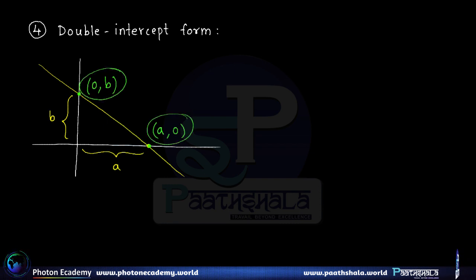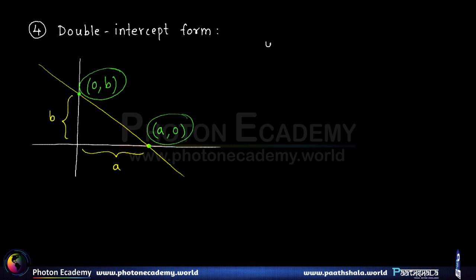We have already seen that if we know two points, then we can write the equation of the line in the two-point form, which is y minus y1 upon x minus x1 is equal to y2 minus y1 upon x2 minus x1. This is what we had seen previously.